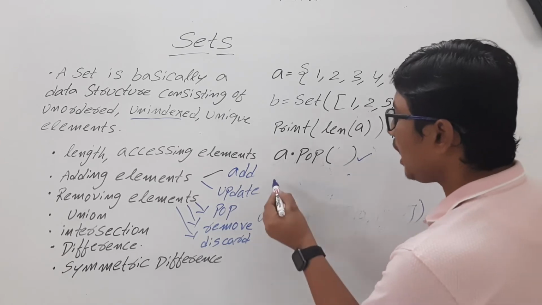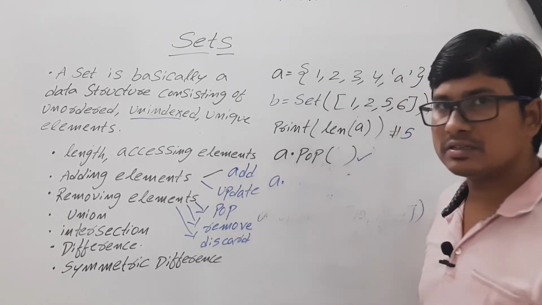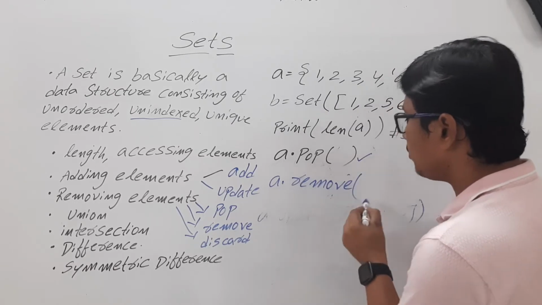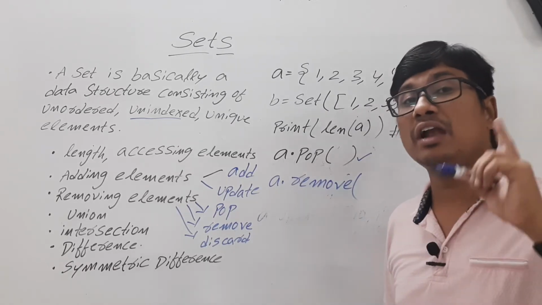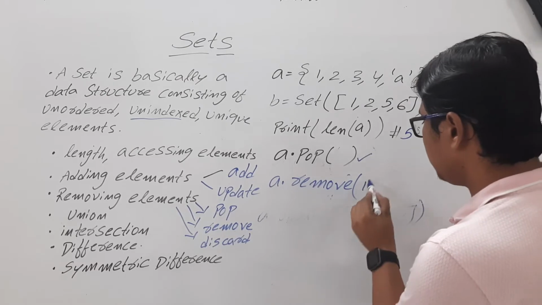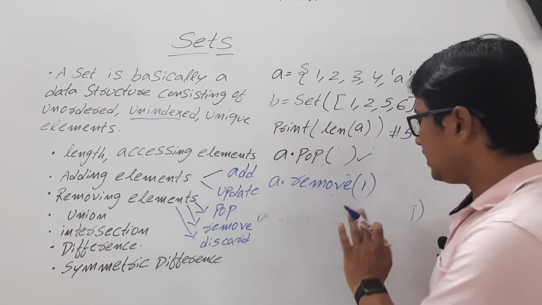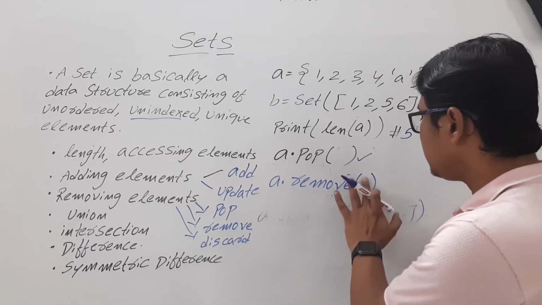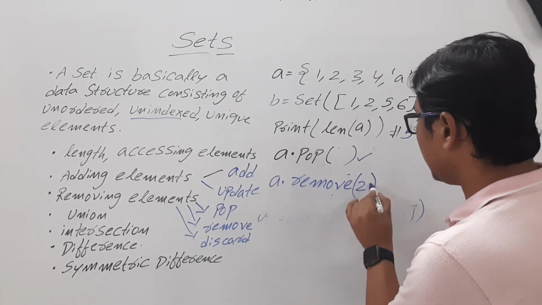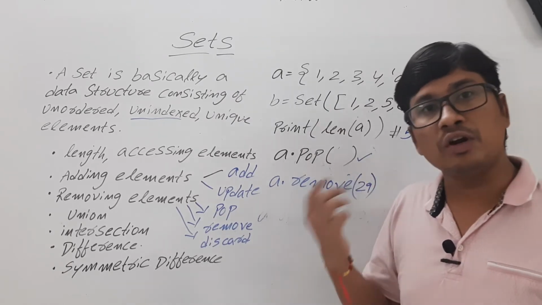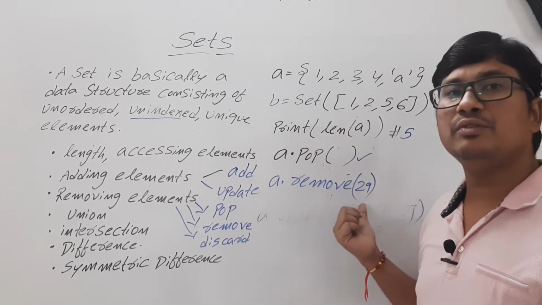Now remove. If I give the set name and then remove, I specify the value, not the index. If I specify value 1, and value 1 is there in the set, then it will remove it. If I say value 29, is element 29 there in the set? It is not there, then it will throw an error for you.